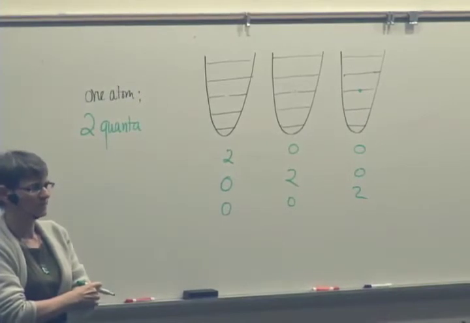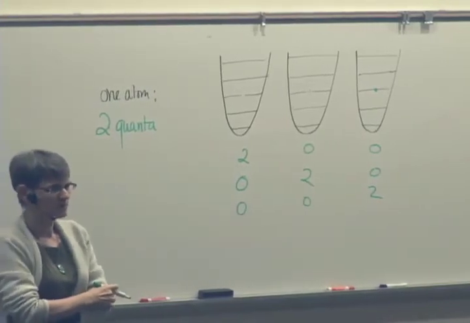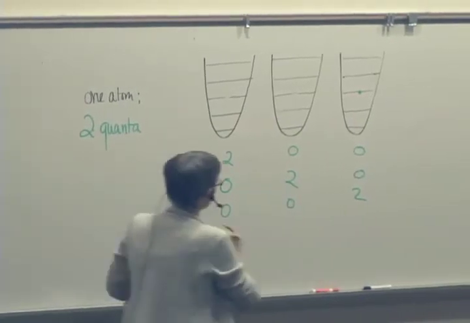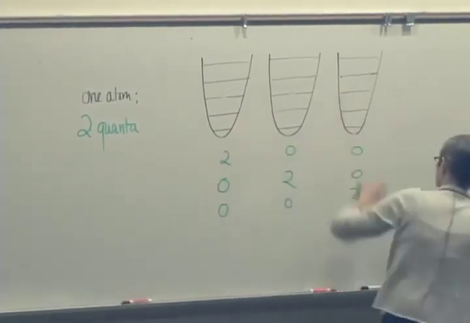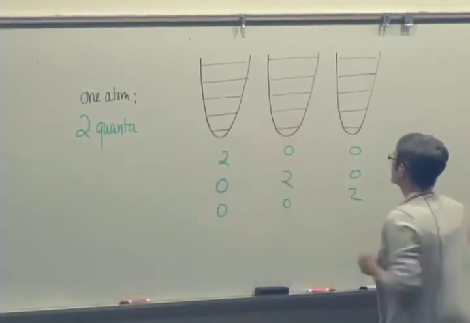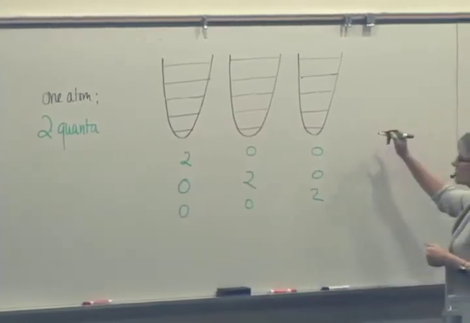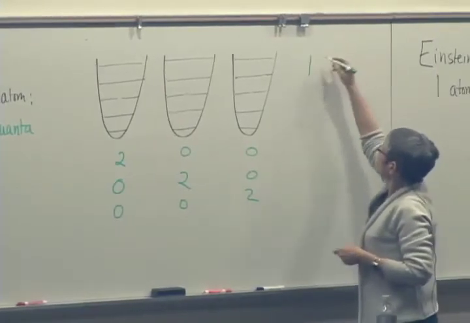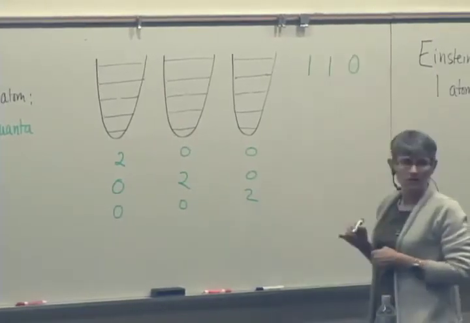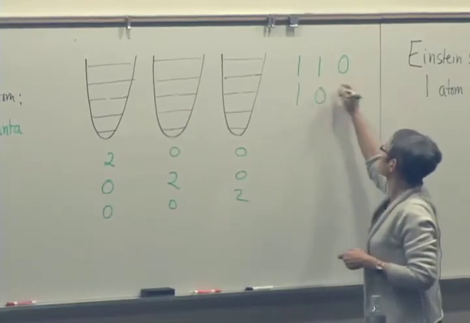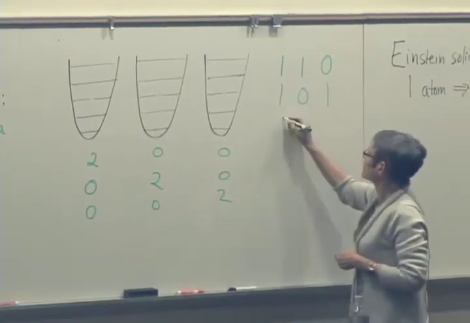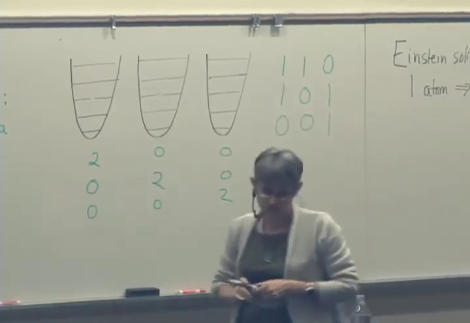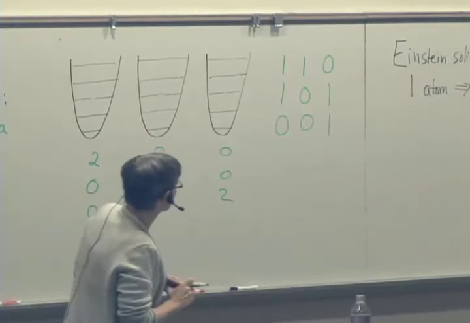Not right. So what else is there? You can put only one. Okay, so let's not do the drawings, but we could do 1, 1, 0, or 1, 0, 1, or 0, 1, 1.